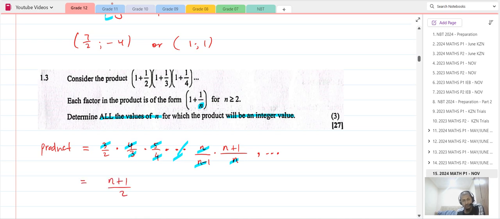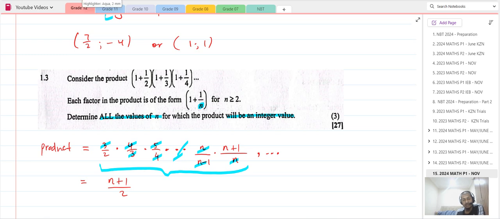over 2. Right, so it's of this form, n plus 1 over 2, times this entire thing over here, which is up to n terms, up to k number of terms.